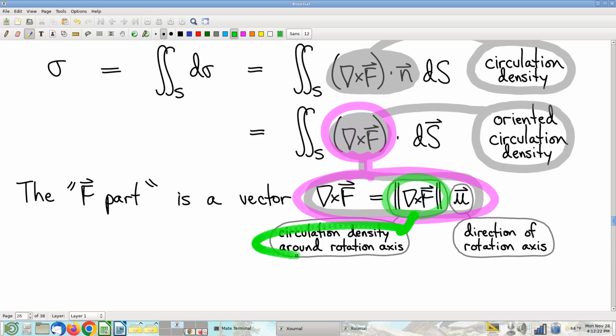It's telling you, in some sense, how much of a tornado do you have there, right? Keep in mind, we're talking about a fluid that's rotating around. There's sort of a rotational aspect to the fluid. It's tornado-like or whirlpool-like or whatever you want to call it. And that magnitude tells you how strong is the tornado. Is there a lot of circulation or just a little circulation?